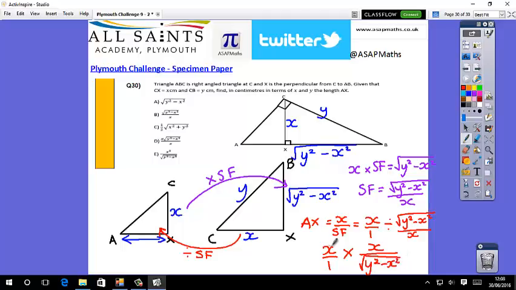So this X times X is going to be X squared, 1 times root of Y squared minus X squared stays as this, so I'm looking for X squared over the root of Y squared minus X squared. So my correct answer is E.